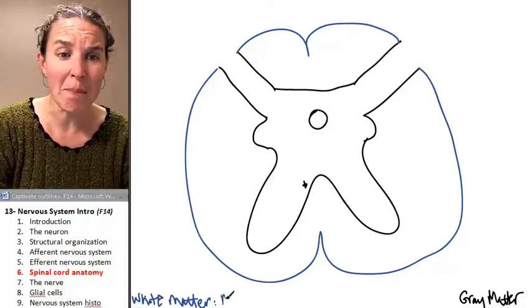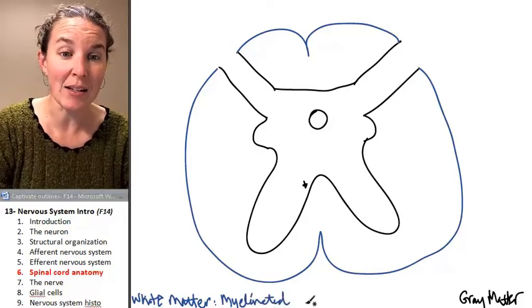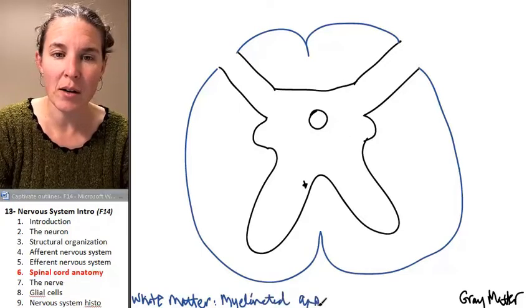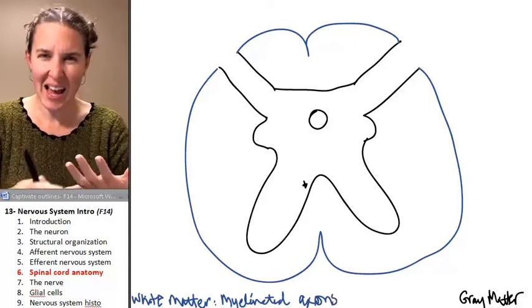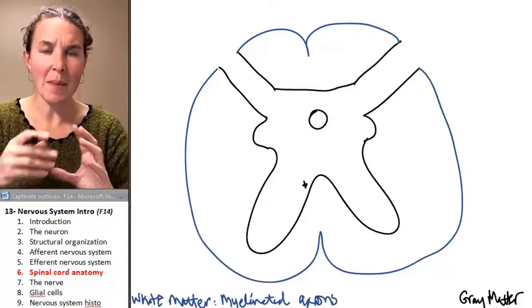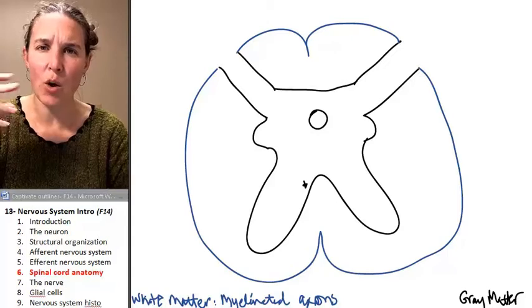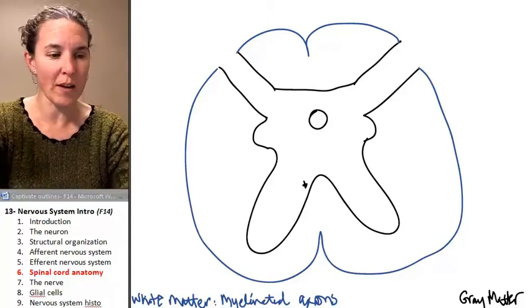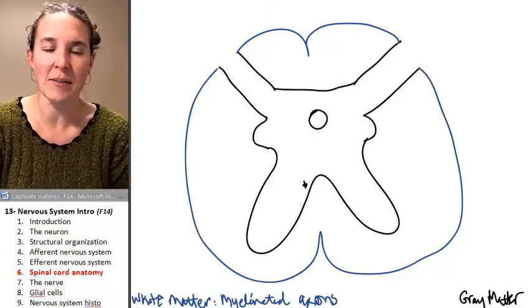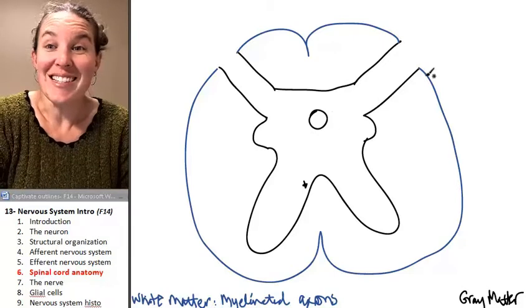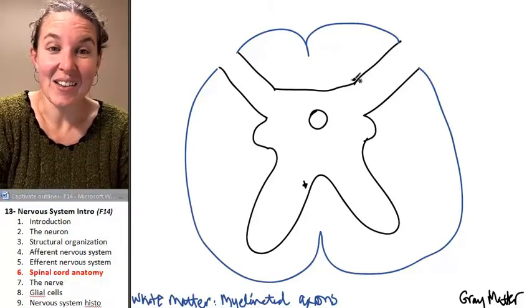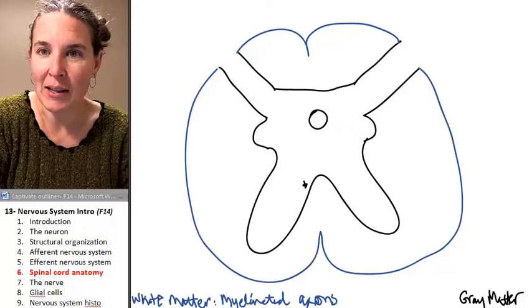And so myelinated axons, remember that myelin was that fatty covering over the axons that formed those kind of bubbly things that was like insulation. So what you'll actually see in the white matter, I'm going to make my myelin kind of orangey or yellowy.